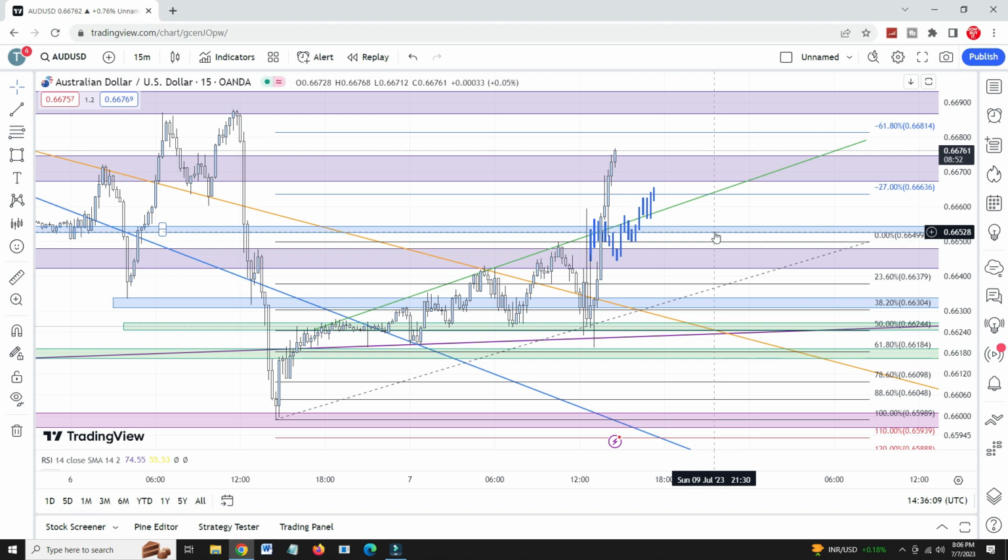Hi, I'm back, and this is after a couple of hours, and as you can see, where I had placed my bars, it has already gone beyond it. So though the bars were not absolutely accurate, the direction that I was looking at was more or less correct. I had thought it would cross minus 27 and go towards minus 61, and it is headed there right now.